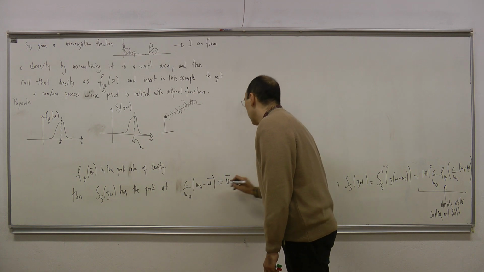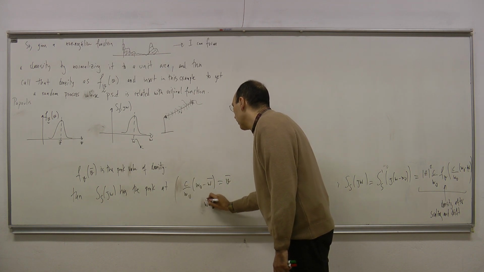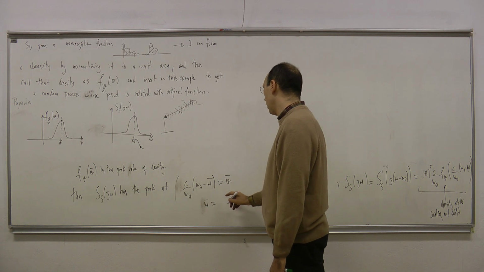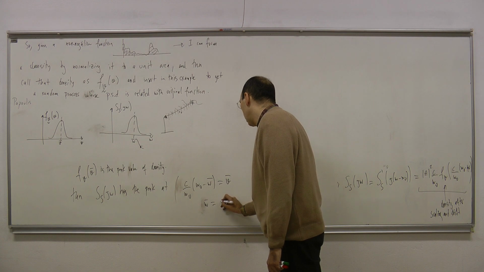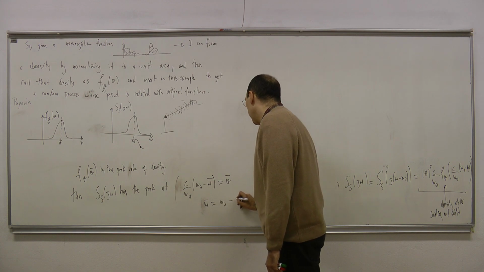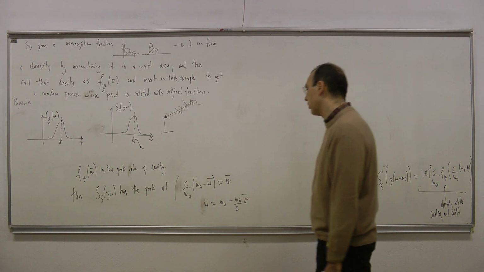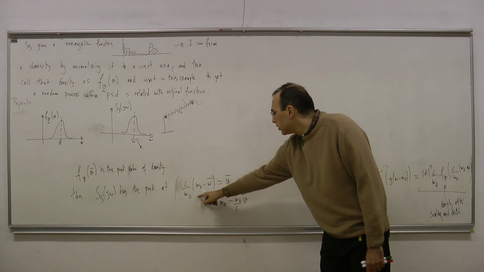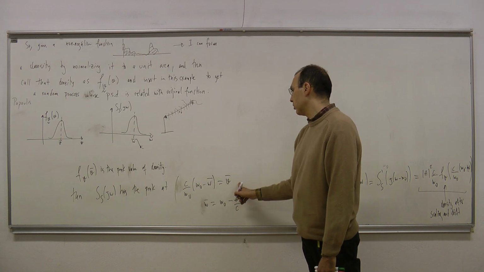So this is just our thinking. Then omega bar is equal to omega naught minus omega naught divided by C, V bar. Move this to this side, omega naught divided by C, this goes here.